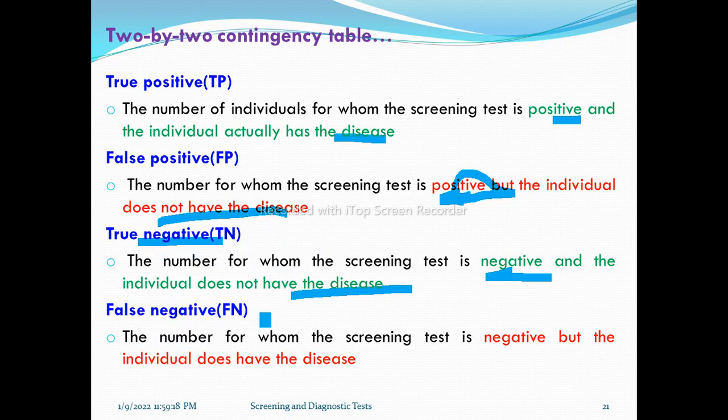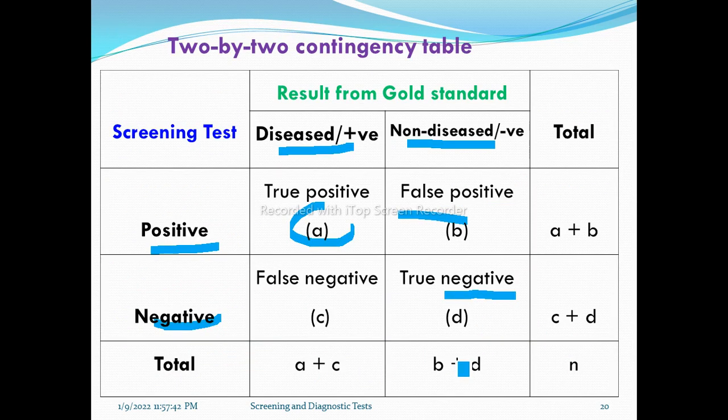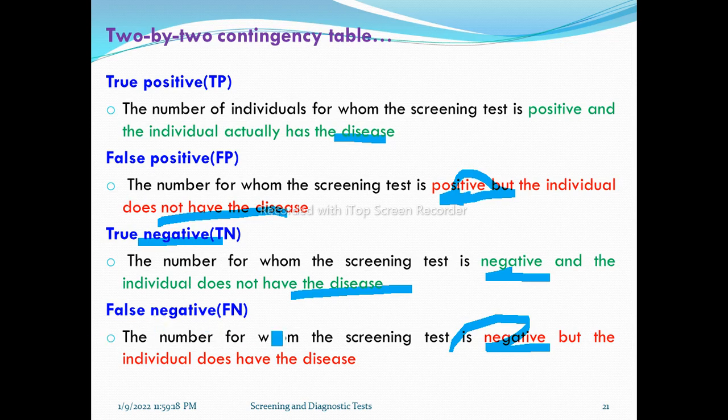The screening says negative, but the individual does have disease. This is known as false negative. The individual has disease, but the test says negative, no disease.